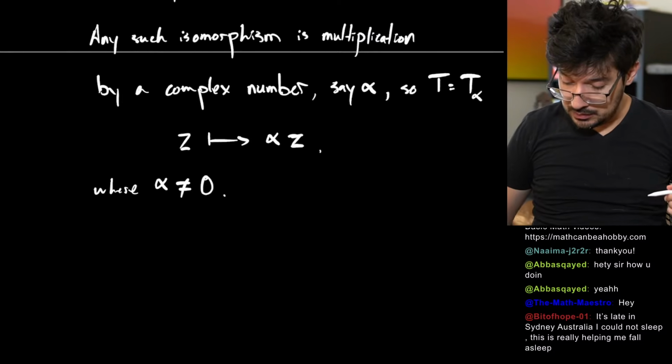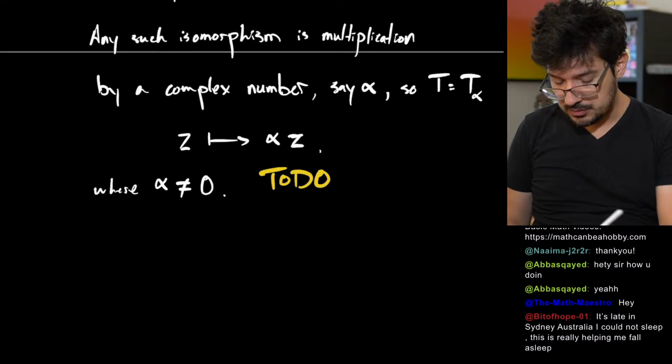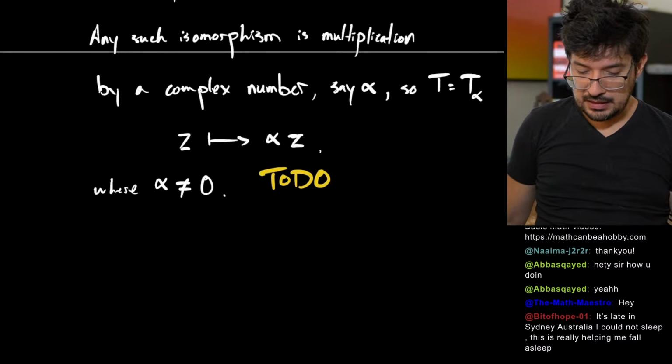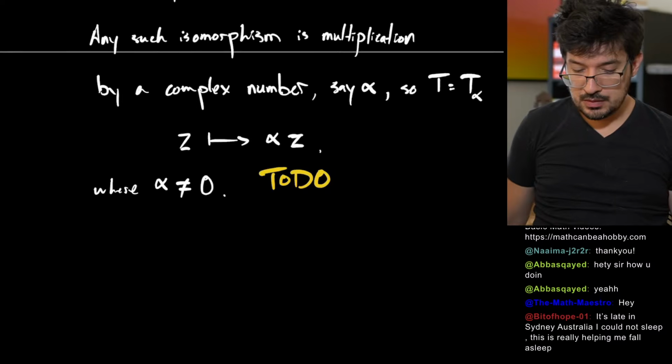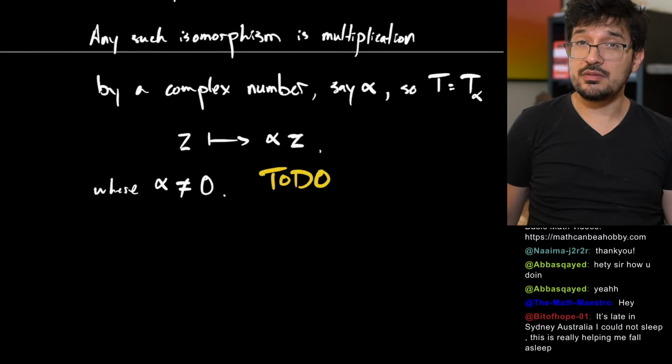I need to double check this, but I'm pretty sure that this is true. I believe that any isomorphism of the complex numbers to itself has to be multiplication by a non-zero complex number.